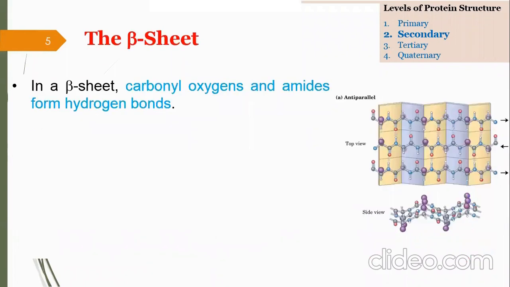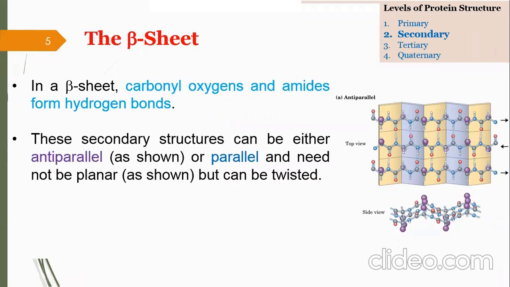And what are beta sheets? In beta sheets, carbonyl oxygens and amides form hydrogen bonds. You can see that they are making hydrogen bonds, and these secondary structures can be anti-parallel, like here, where these two sheets are anti-parallel, or they could be parallel.